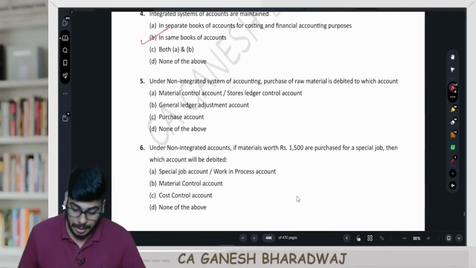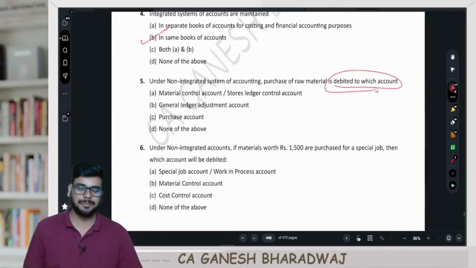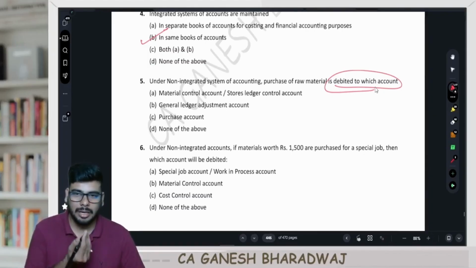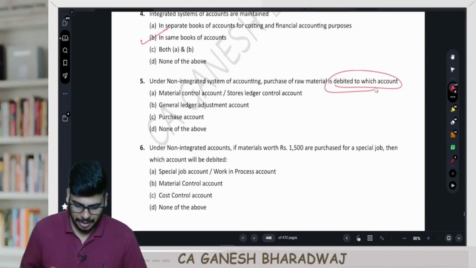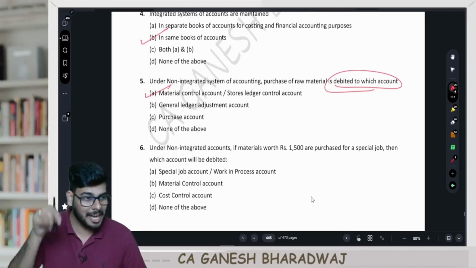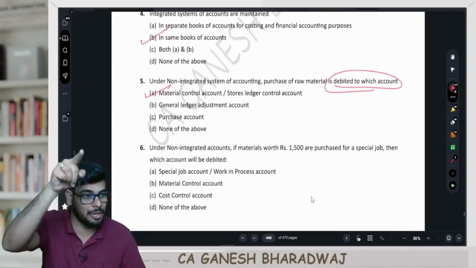Next, under the non-integrated system of accounting, purchase of raw material is debited to which account? Purchase of raw material is recorded under which account? Material control only. If you are following the integrated system, even then the 10 cost ledgers will be maintained, I told you.